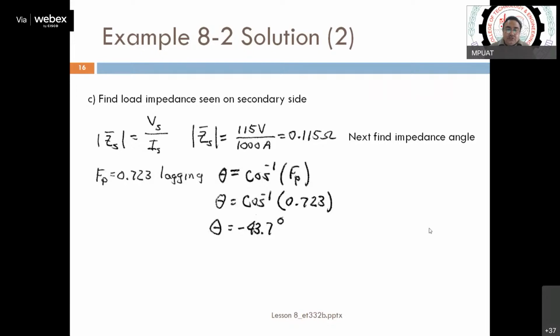We will find the cos inverse of the power factor. That is 0.723, which is already given. So the angle comes out to be minus 43.7 degree, which indicates that current is lagging the voltage by an angle of 43.7 degree.